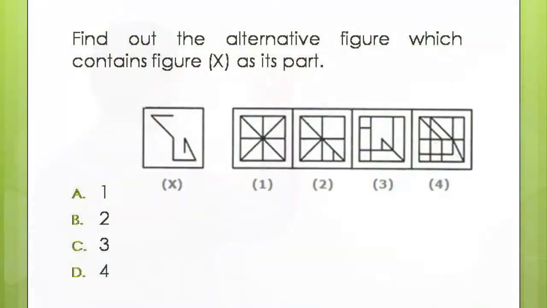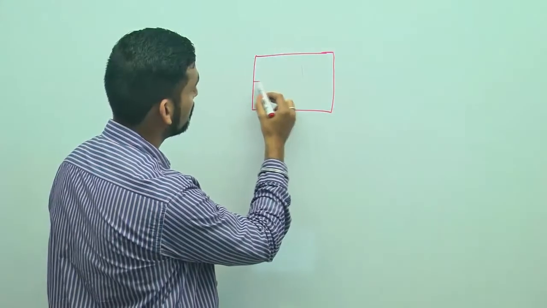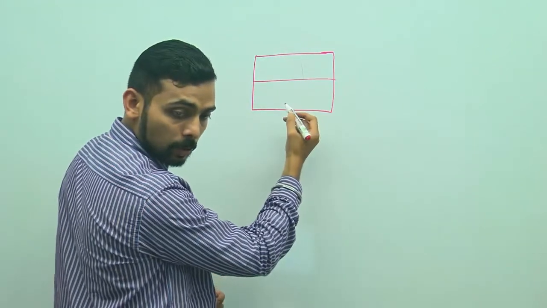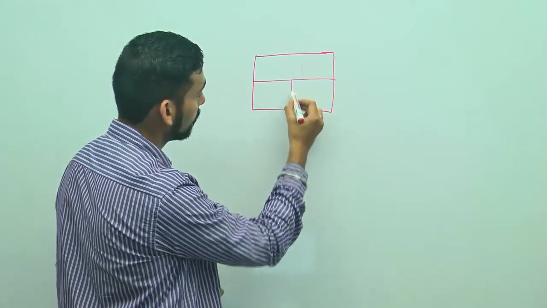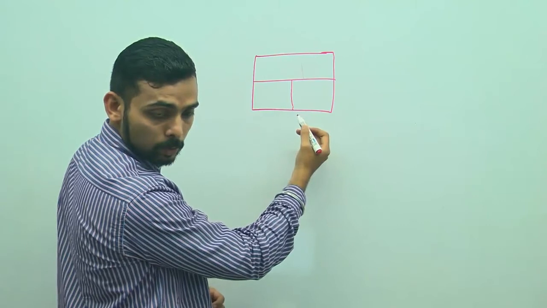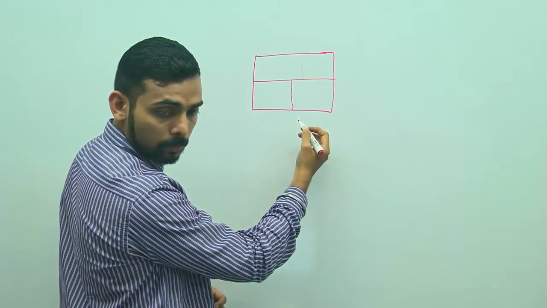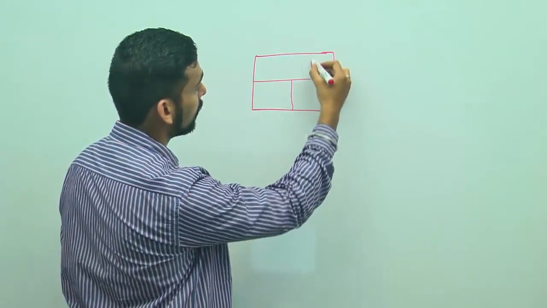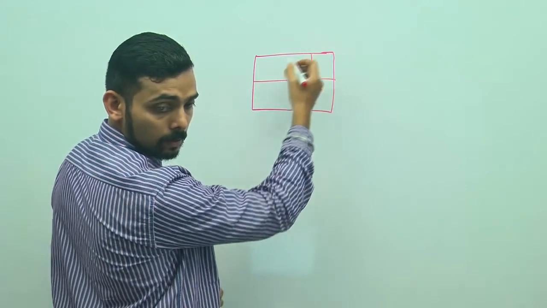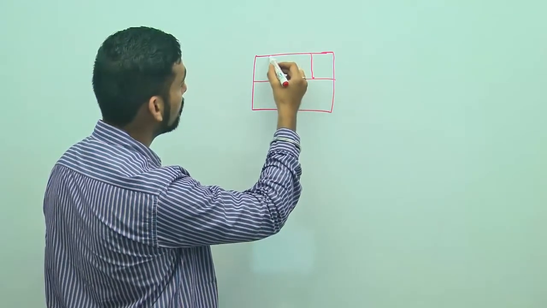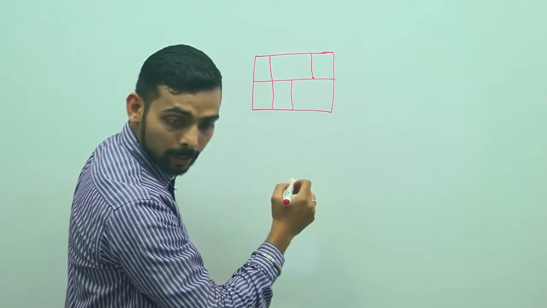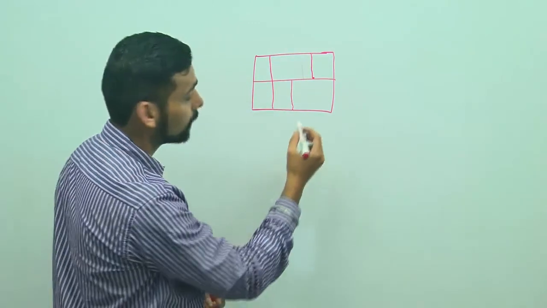Let me quickly try and draw the fourth one. I have a square, and I am going to split this square at the center. I am going to draw a line at the bottom. Then from the center, I am going to draw a line up. I'll draw a line down. It's a slightly complicated diagram.